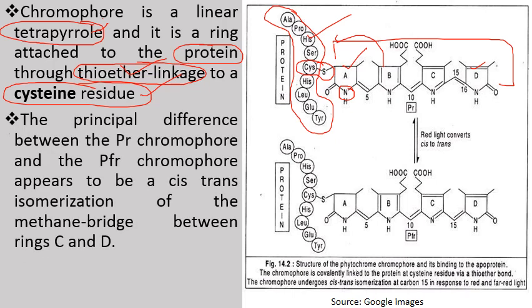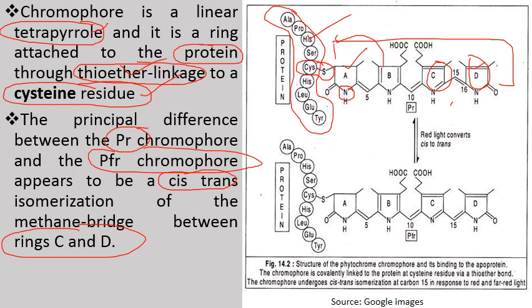The principal difference between the Pr chromophore, that is the phytochrome which absorbs red light, and the Pfr chromophore appears to be a cis-trans isomerization. So ये जो दो forms हैं फाइटोक्रोम की, Pr that is cis form and Pfr that is trans form, and this isomerization is of the methine bridge between the ring C and D. So ये जो isomerization होती है ये होती है इस C और D ring की orientation change होने से.